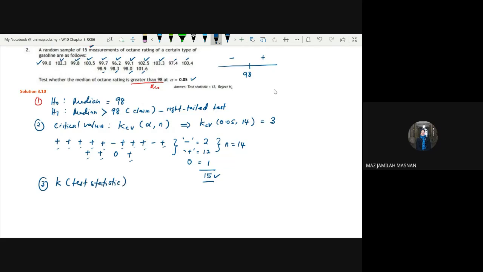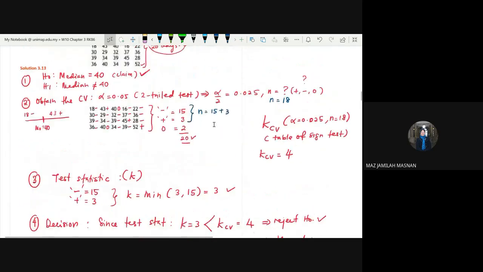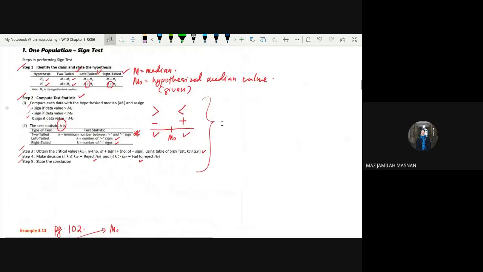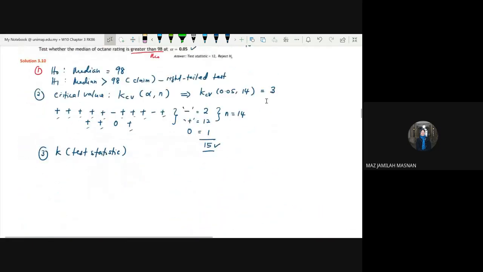Now, how to find test statistic? For right tail test, we look at the negative sign. Right tail test, look at negative sign. How many of them are negative? So in this case, our K for right tail test would be your negative, equal to 2.